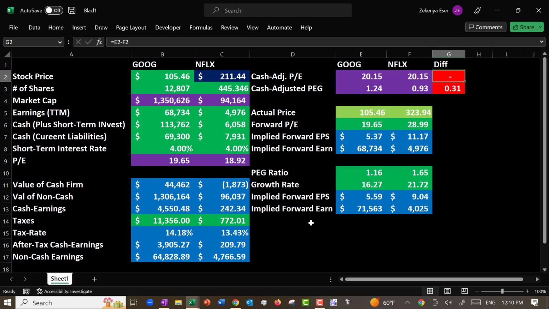So at least as a first pass, this is a possible trade for me. If I'm doing this for trade purposes, I'm gonna seriously start thinking about buying Google and shorting Netflix. Because there is an indication that Netflix is overvalued given the growth prospects compared to Google, especially once we adjust for cash.